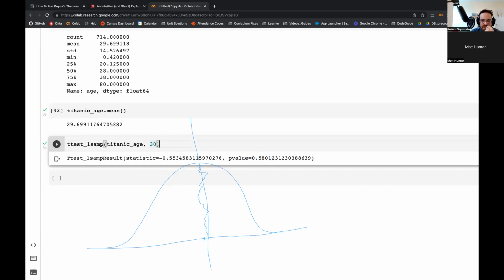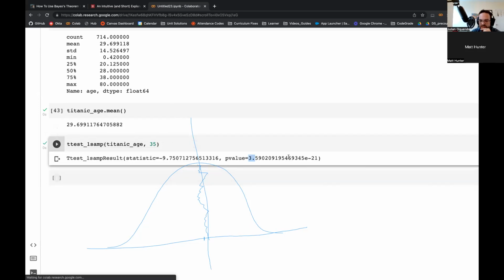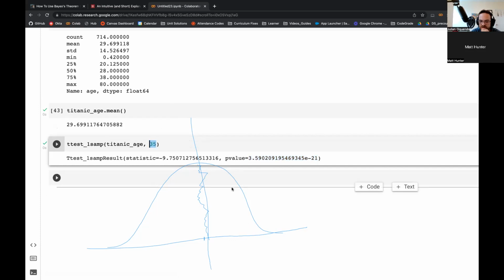However, say if our reference value was something like 35. Note that my value for 35 is now extremely different from 29.69. When you run it, this p-value got really small, and the t-statistic is a larger number, meaning the distance is so far off to the left that the probability of it being part of that same distribution, where your t distribution of 30 fits, is unlikely.